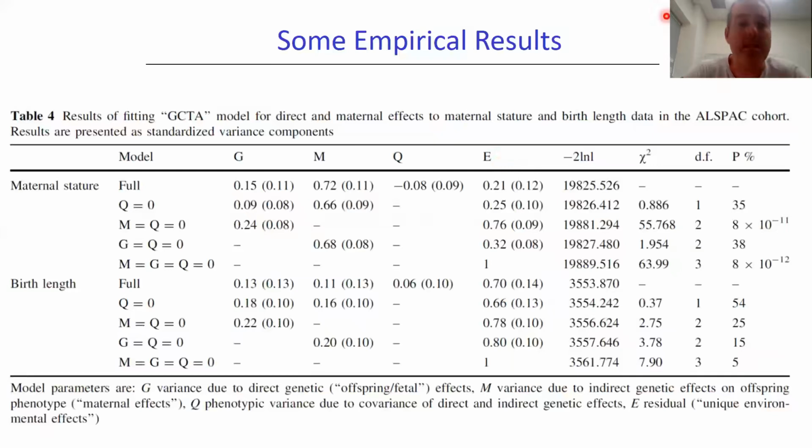This slide's just showing some empirical results from the original M-GCTA paper. What we did is we fit the M-GCTA model to data from the ALSPAC cohort. This is a big population-based study in the southwest of England, consisting of a couple of thousand mother-offspring pairs. We tested the model on 2 phenotypes.